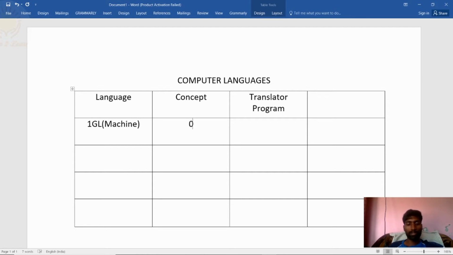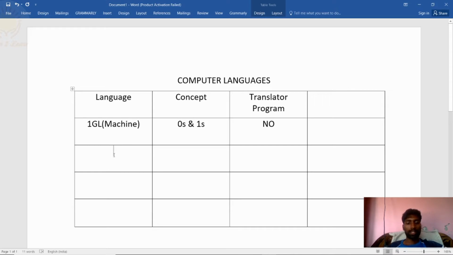The concept is based on zeros and ones. In machine language we always use zeros and ones, and there is no translator program. We have to convert everything by ourselves.